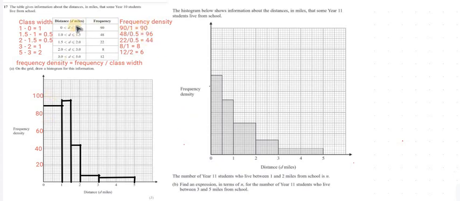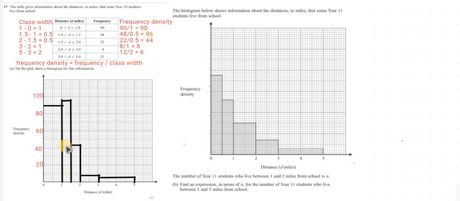And then the first bar, 0 to 1, goes up to 90, halfway between 80 and 100. 1 to 1.5, that's 96. So that's 3 up because from 0 to 20 there are 10 spaces, so it's always jumping up by 2 for every small box. So 3 boxes up from 90, you have 96.